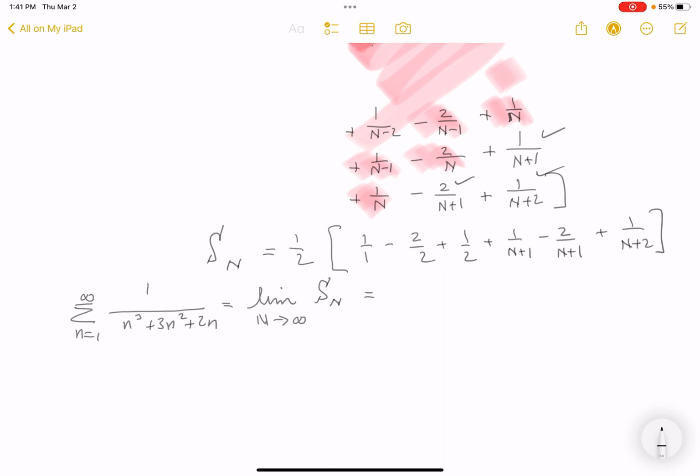Well, I'm looking at that, and n gets large, right? This big N gets large. The last 3 terms disappear. So we're left off with 1/2, 1 over 1, which is 1, minus 2 over 2, which is 1, and then a half. And then those last 3 terms, as n goes to infinity, disappear. We're left off with 1/2 times 1/2, which is 1/4. And we're done. All right? Thank you.